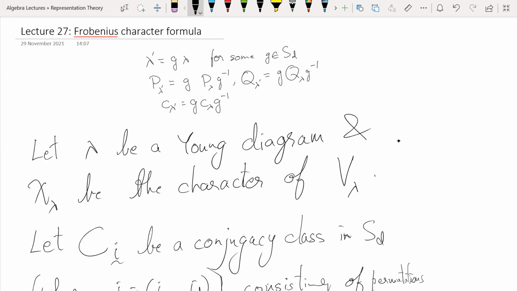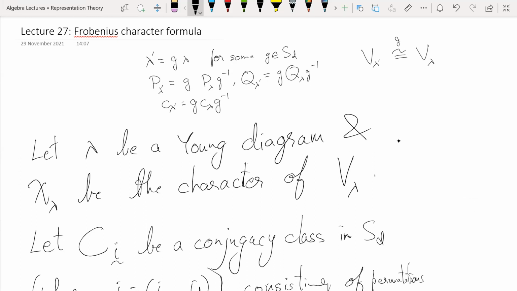So from here you can show that though V lambda prime and V lambda are not the same sub-representation of S_d, V lambda prime is isomorphic to V lambda. In fact, the isomorphism will be either multiplication by g or g inverse, and I'm not referring to the direction.